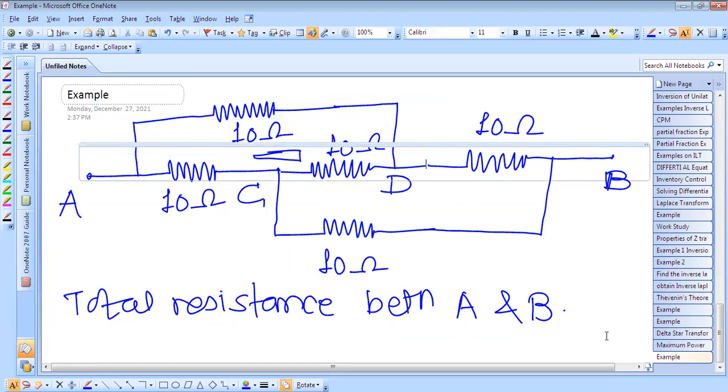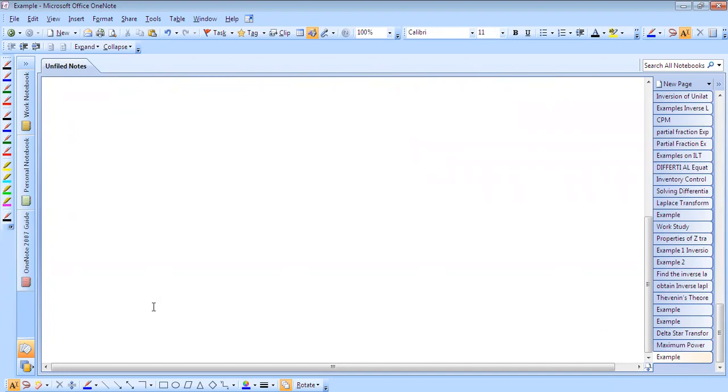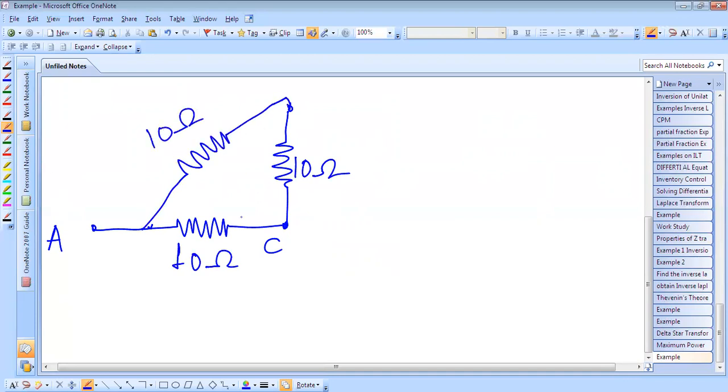Okay, so this delta fashion, if you arrange this like this, suppose this is A terminal, and between A and C there is a 10 ohm, and between B and C there is also 10 ohm, and between D and A it is 10 ohm.